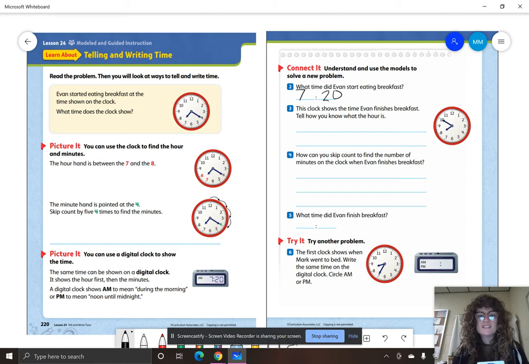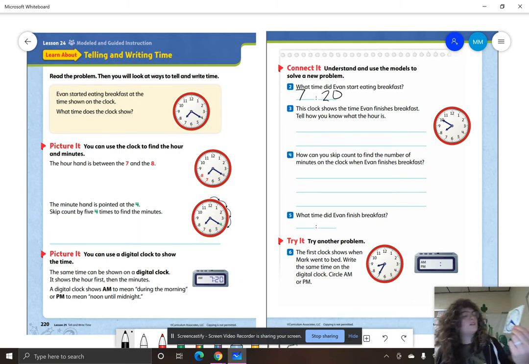Number 3 says, this clock shows the time Evan finished breakfast. Tell how you know what hour it is. Okay, so Smarties, if you look really closely, all right. This is the time that Evan finished eating breakfast. I want you to look at the hour hand.